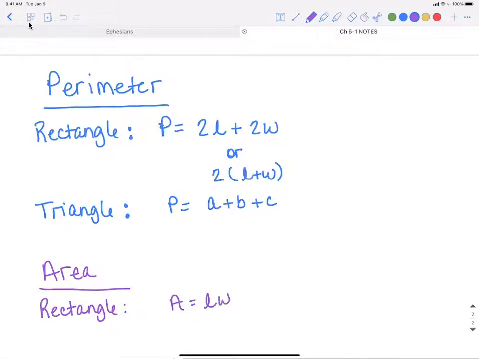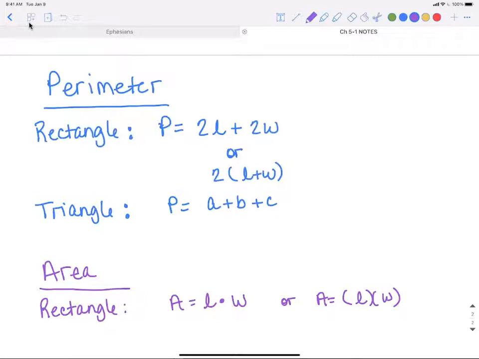And if it helps you, you can even put the two variables touching, L and W, which means multiplication, or you can put the multiplication sign. Sometimes you can even write length times width with two parentheses touching, because that also means multiplication. Okay. Doesn't matter.